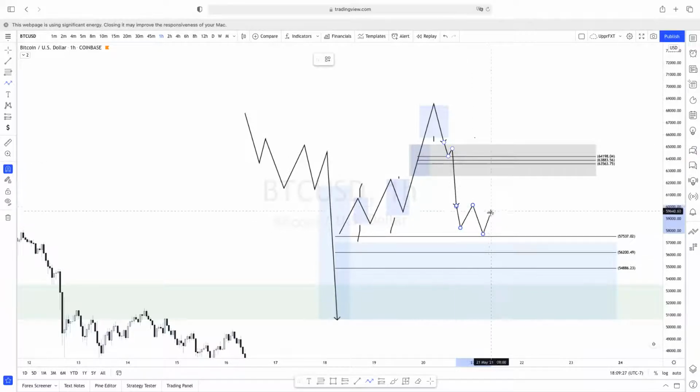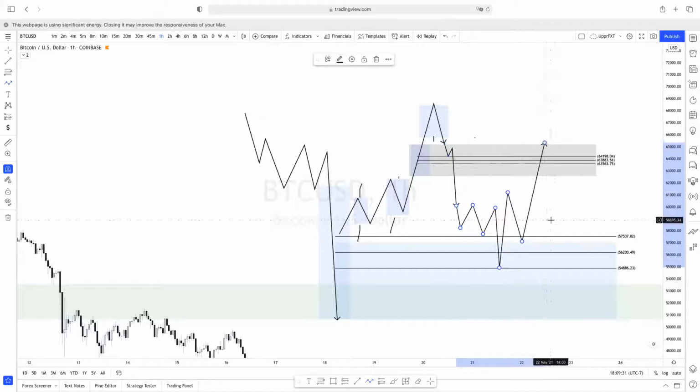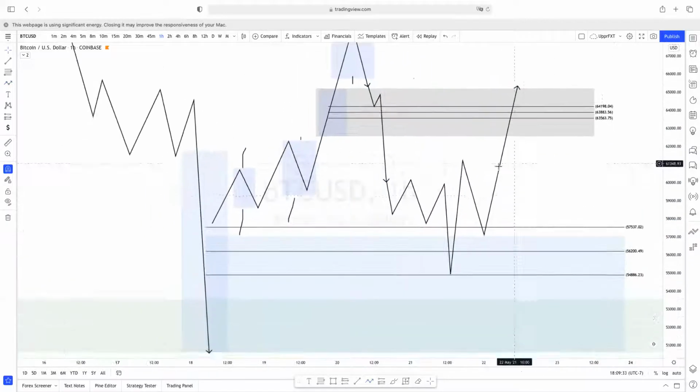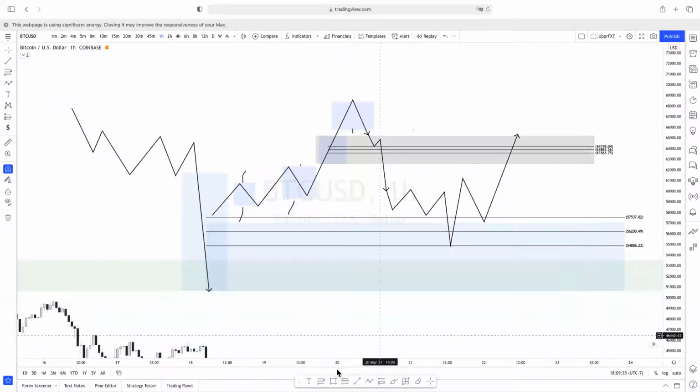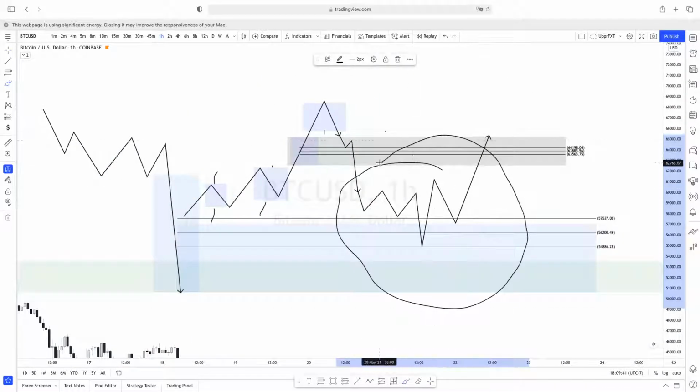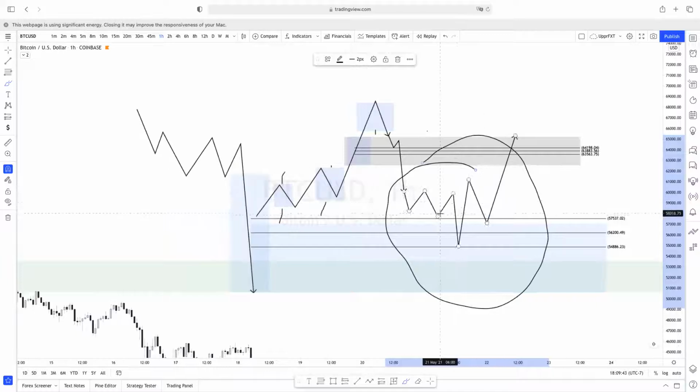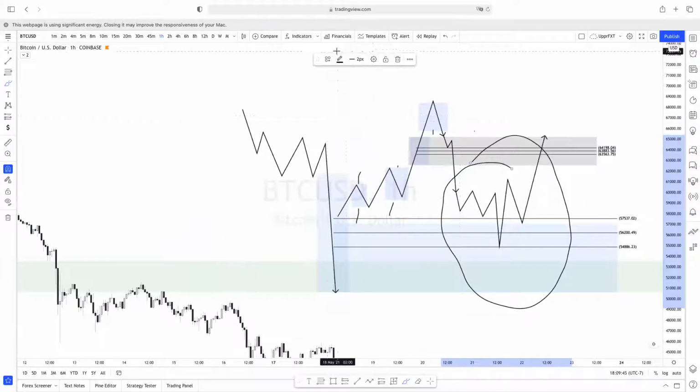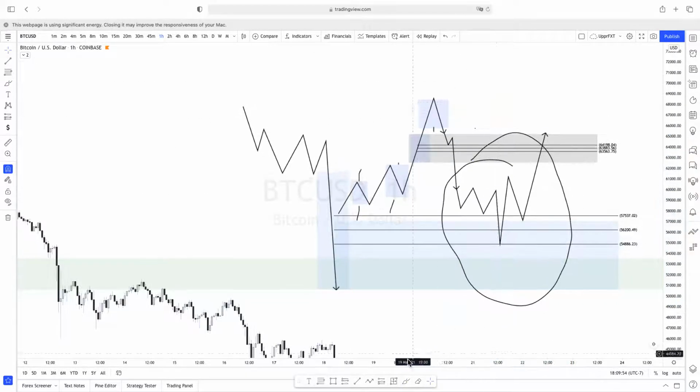And then you can start to maybe see something like this, right? A confirmation. So this schematic right here, I draw it a lot. And this is what I see in price, what I like to see in price for confirmations for either buys or sells. And you can flip this and just look at it as a sell too.